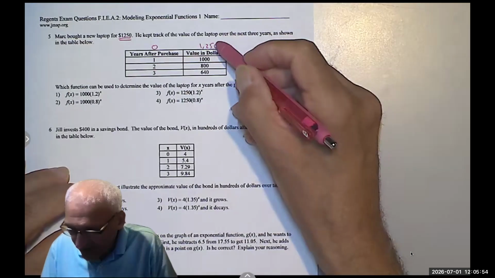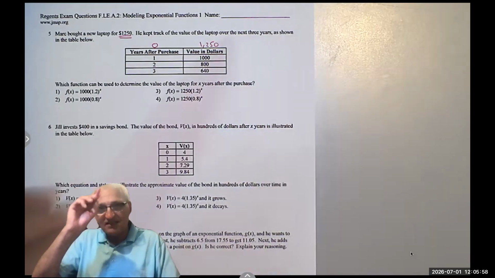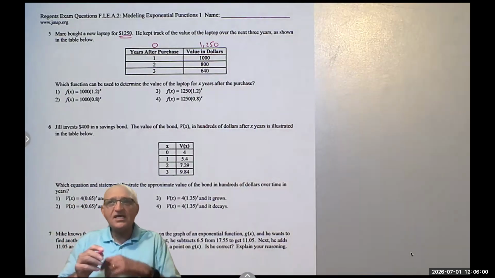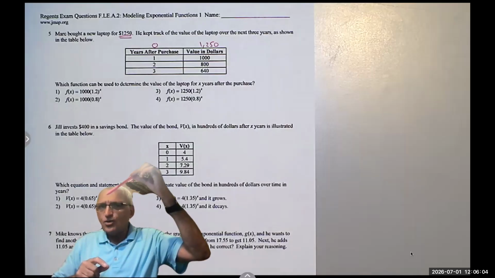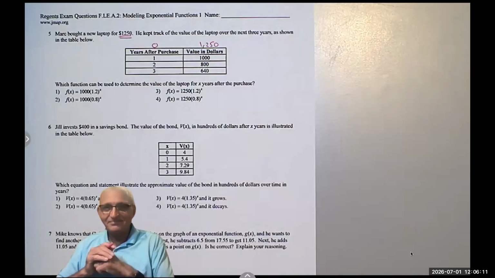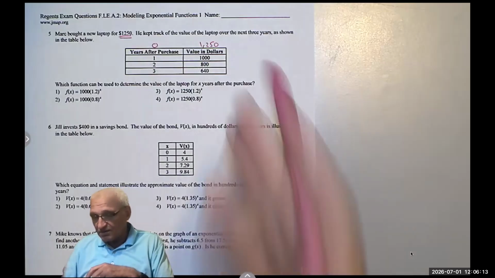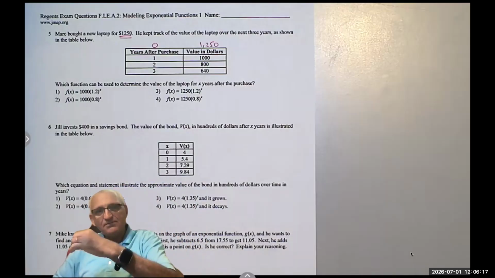If this was 1200, then 1000, then 800, then 600, I see that it decreases 200 per year. That's the slope of a straight line going down. So it's not exponential. Well, it is exponential, but the power would be one, meaning it's decreasing at the same rate.